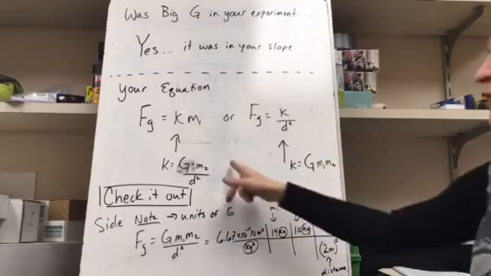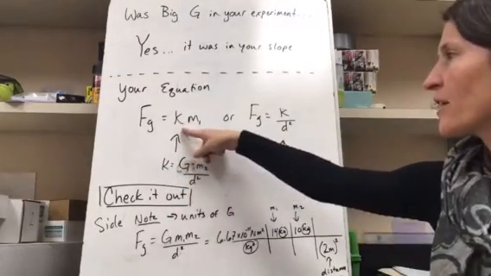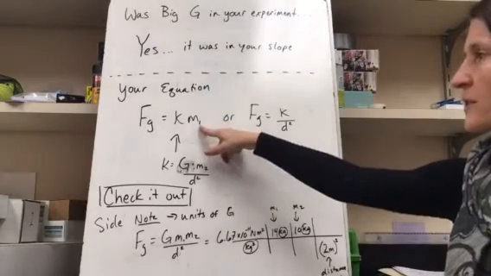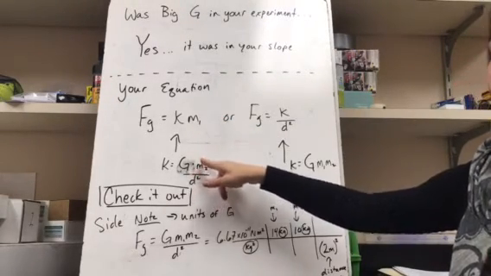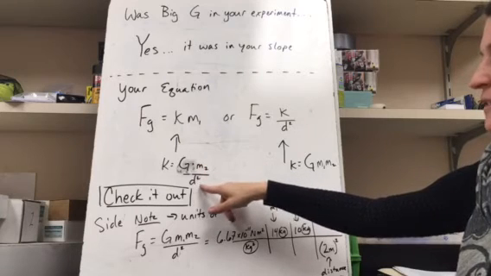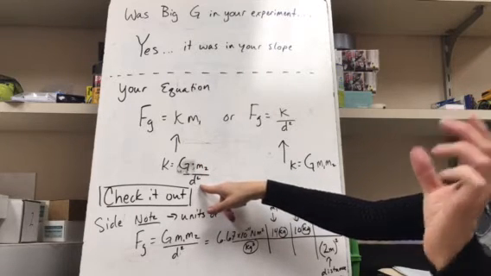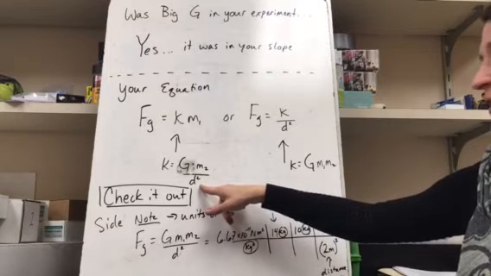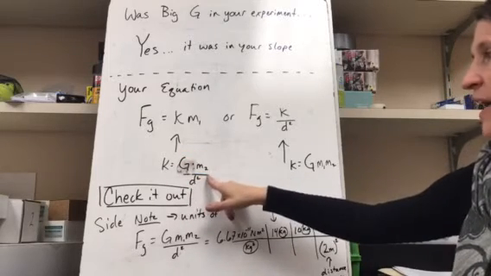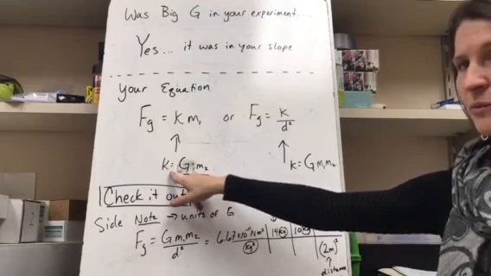Now, if we were to look at that k value, we would actually find for this experiment that big G times whatever your mass 2 was divided by your distance squared, so how far away your two masses were, remember I told you to keep track of those values, you would find that that value is actually equal to your slope, okay?